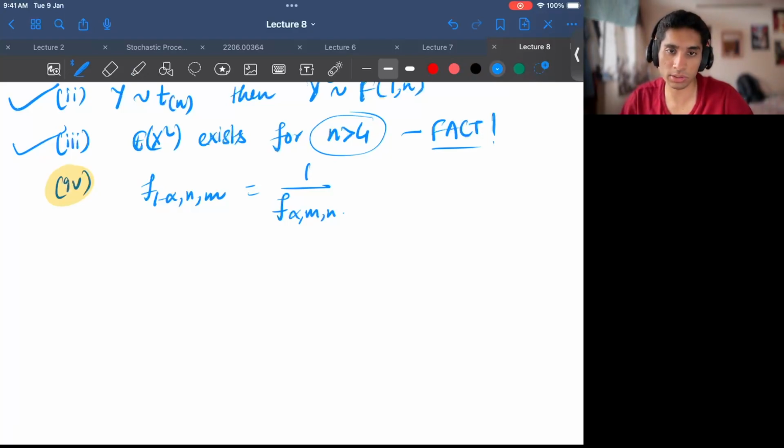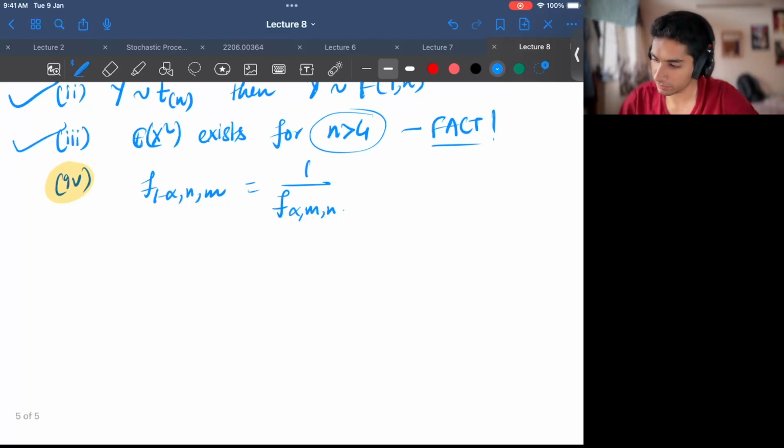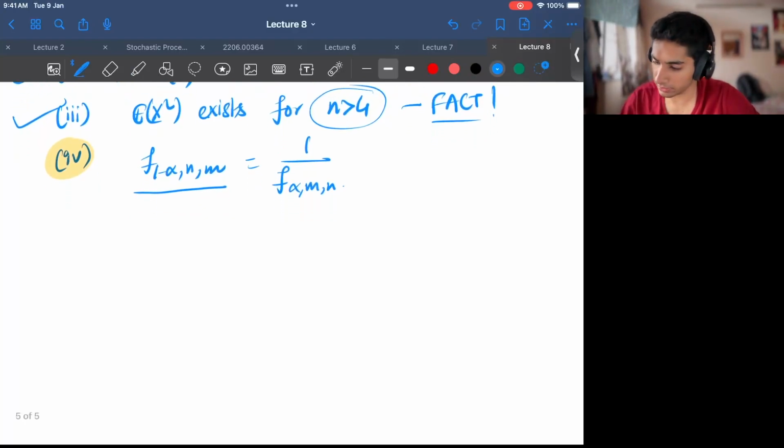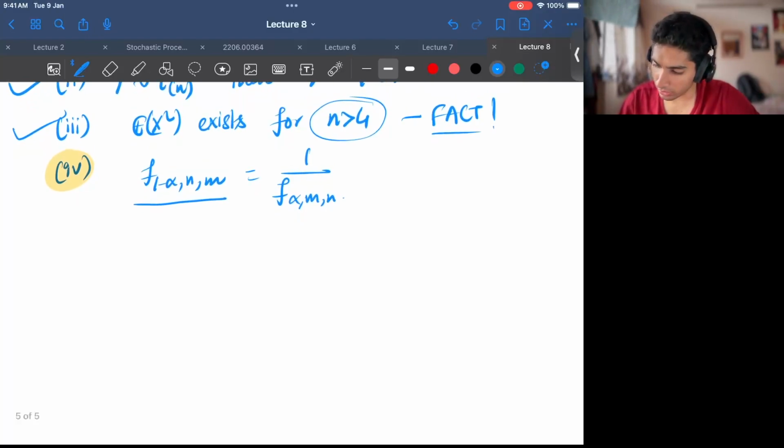So let's do that solving. This is f of 1 minus alpha n m. Let us look at it. First of all, if the parameters are n comma m, then the random variable that we need to look at is 1 by x. Do you agree with this?